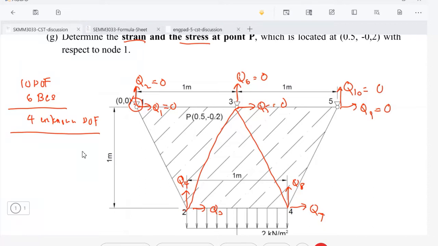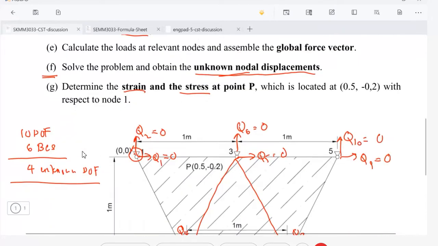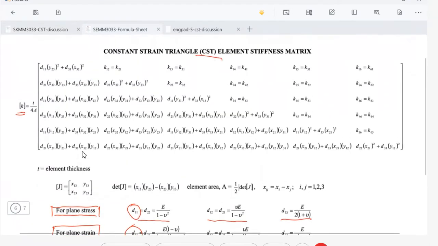So it says here that we should take advantage of the plate geometry and its loading symmetry. So we need to take this into account, so it becomes easier. Building a 10 by 10 matrix is not easy. Why? If you take a look at the formula, this is only for one element.